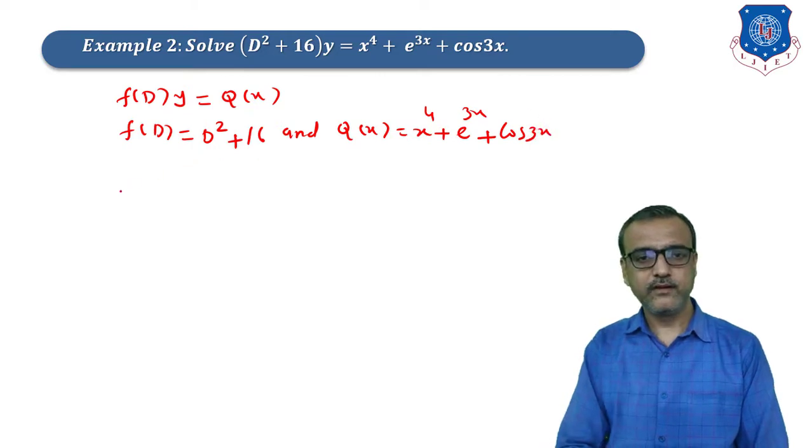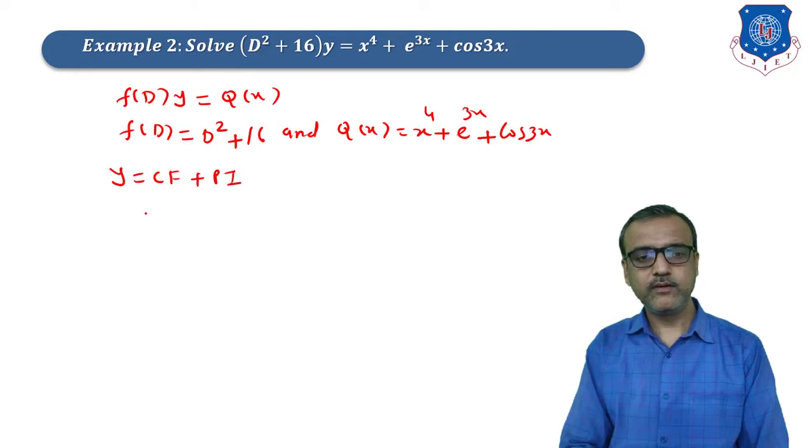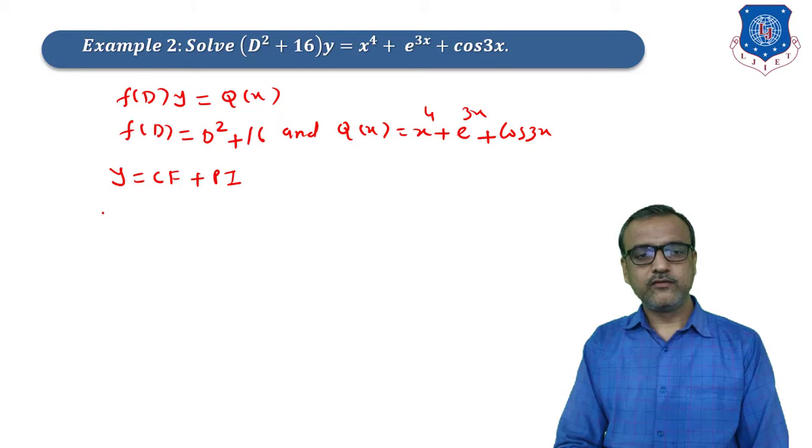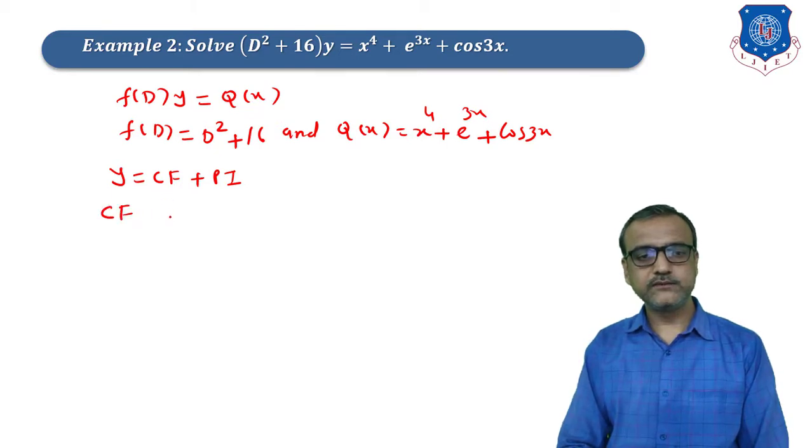Now the solution is given by this formula, that is y = CF + PI. So first of all we will find CF, that is the complementary function. To find CF we will write down f(D) = 0. So we will replace D by m, so we have f(m) = 0.